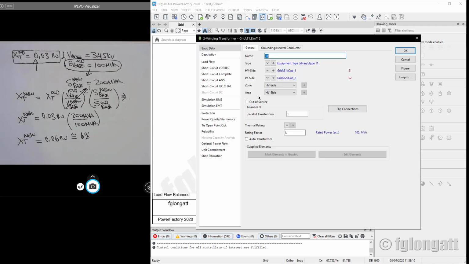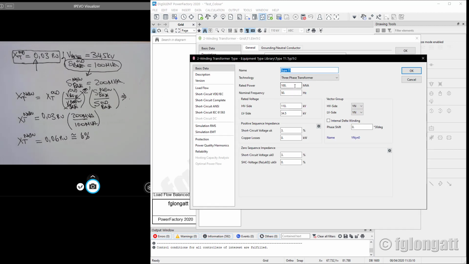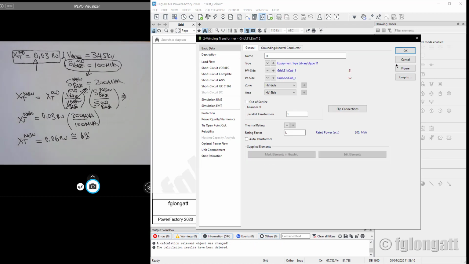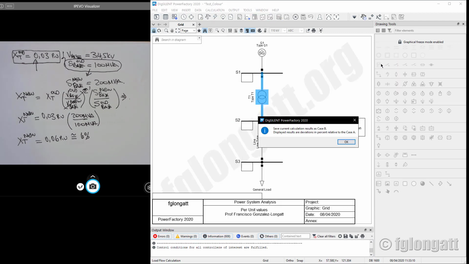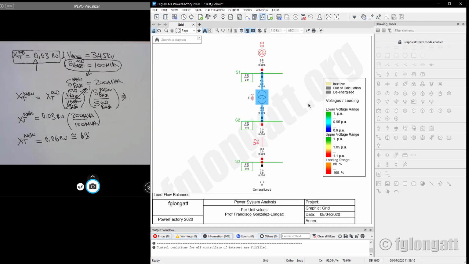And right now I will do the proper change. What is the proper change? The proper change is I will use 200 MVA, and I will use here 6%, okay? And now I will run the load flow, and the case is presented over there.